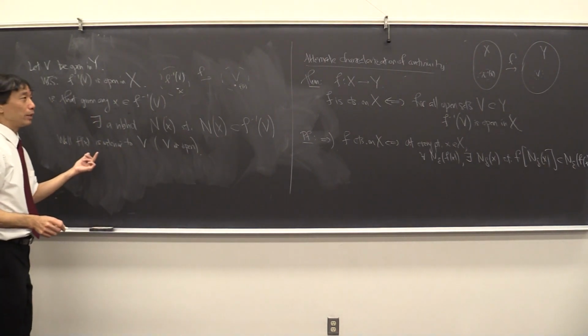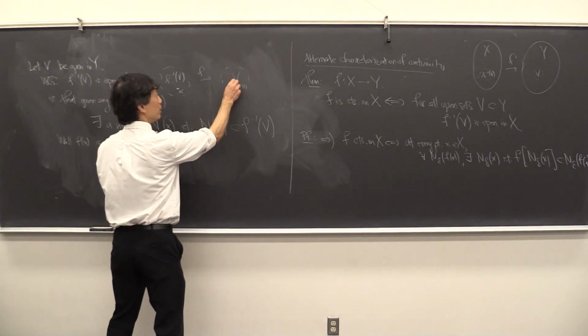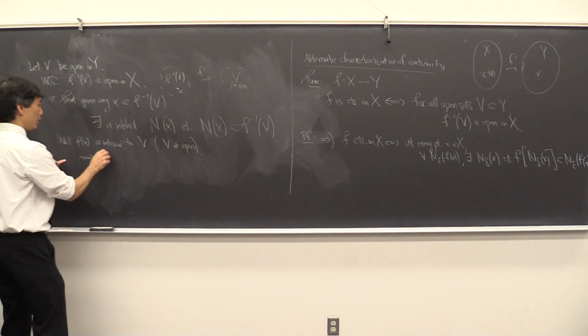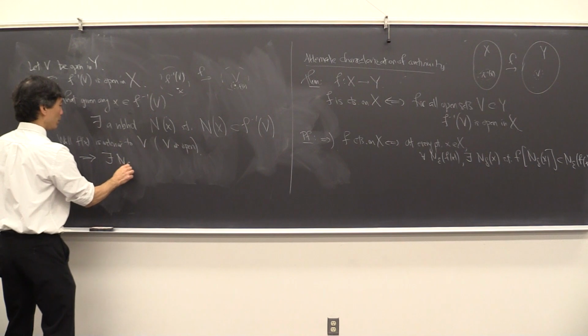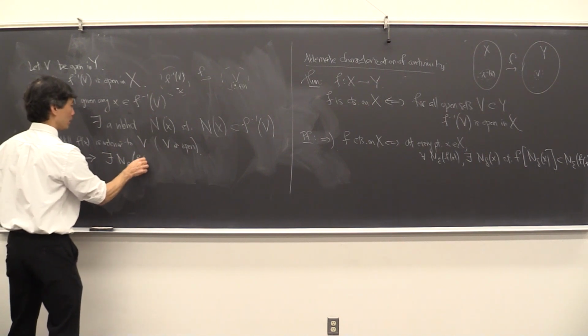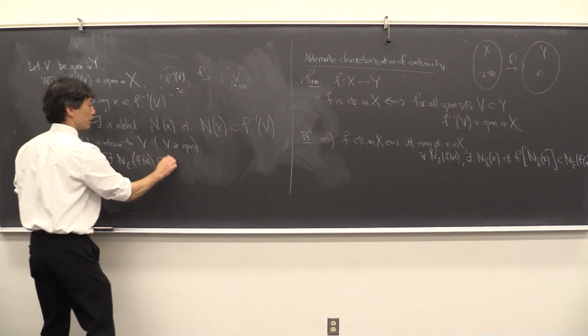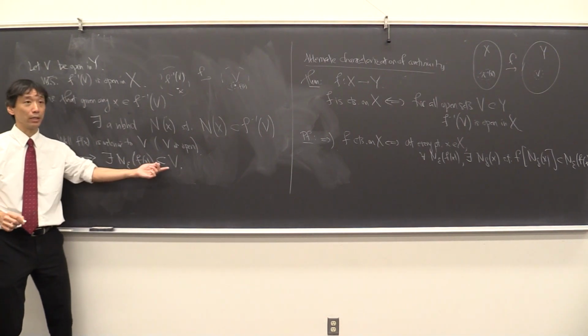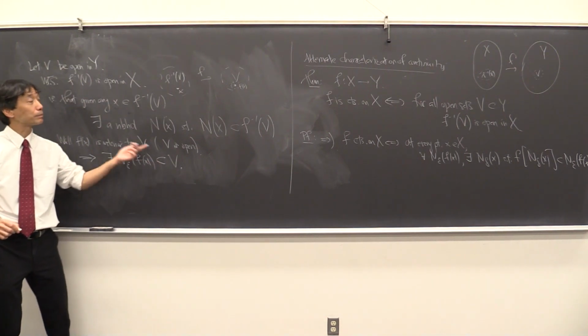So what does that tell you? We know there's a neighborhood here, so there exists some neighborhood around f of x that's contained inside of V. That's what interior means.